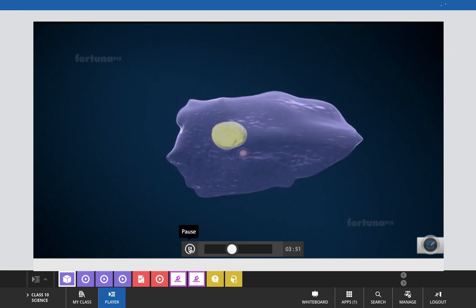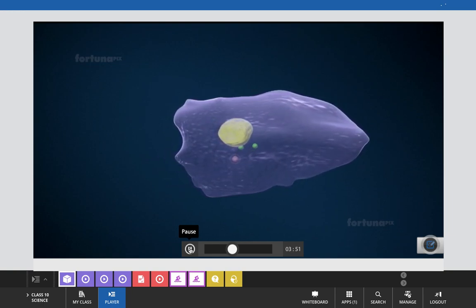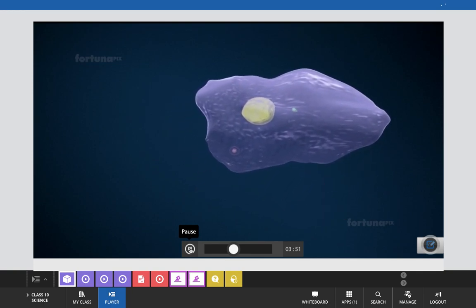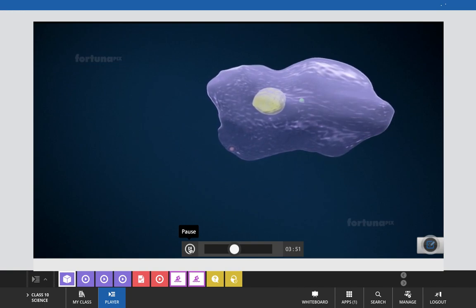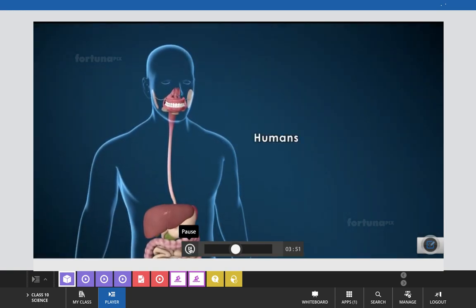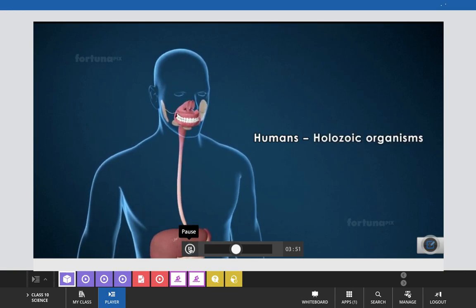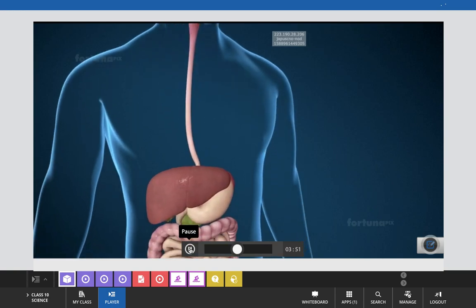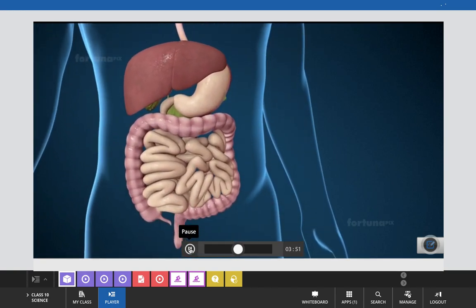Soon, digestion will occur within this vacuole. The digested food will move into the cytoplasm, while undigested wastes will move out of the vacuole. Humans are also holozoic organisms because we take in food and then digest it using specialized organs such as our stomach and intestine.